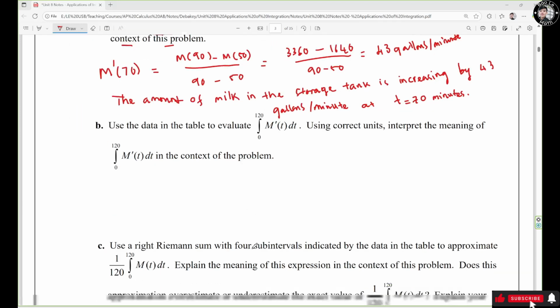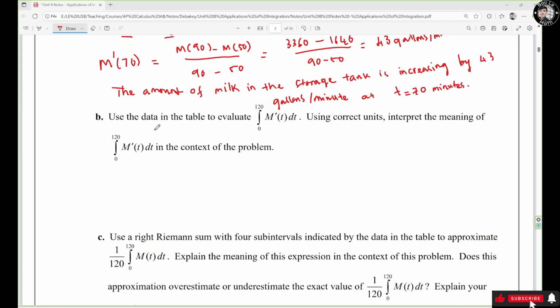Now let's move on to question B. Use the data in the table to evaluate the integral from 0 to 120 of m prime of t dt. It's going to be m of t evaluated from 0 to 120 by the fundamental theorem of calculus.